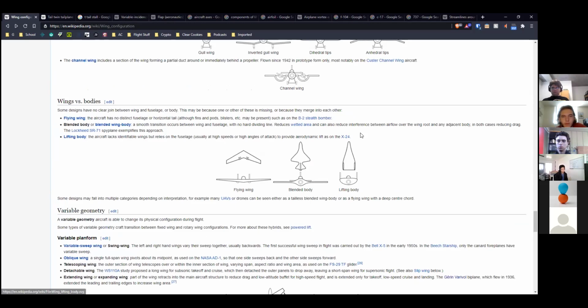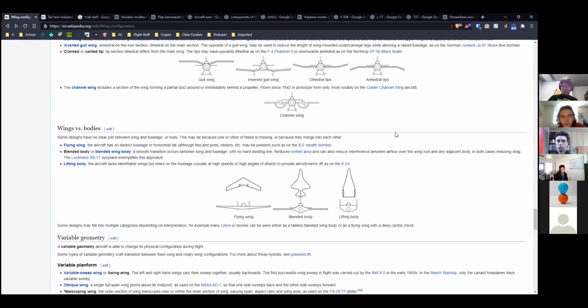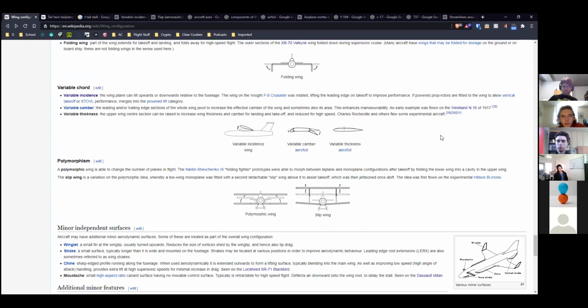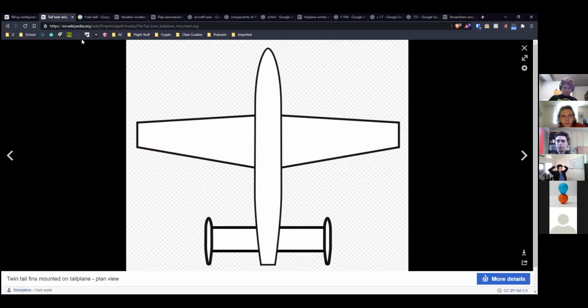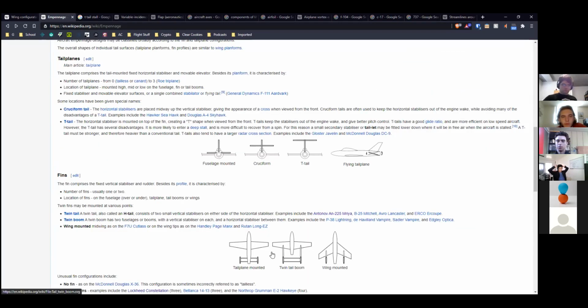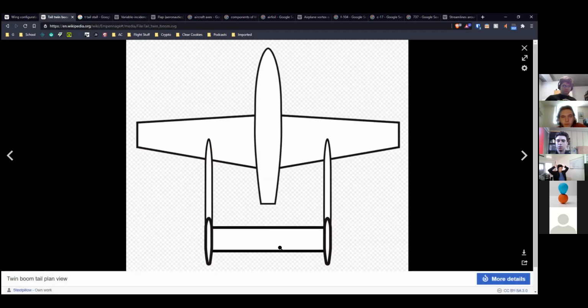You could have a twin boom kind of setup, which I don't know if there's any of those on here, but instead of having one big fuselage, you could have two small fuselages, which is different from a twin tail boom, because that doesn't necessitate a twin fuselage.